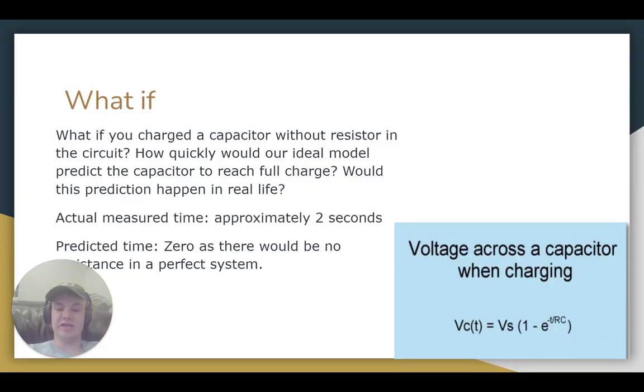So the capacitor would instantly charge, but however, this is not applicable in real life as everything has some level of resistance, even the wires that we are using. And that's why our measured time is approximately 2 seconds. But in a perfect system, it would be 0. And then we can still get lower, but it will never actually be 0 because there will always be some imperfect amounts of resistance.